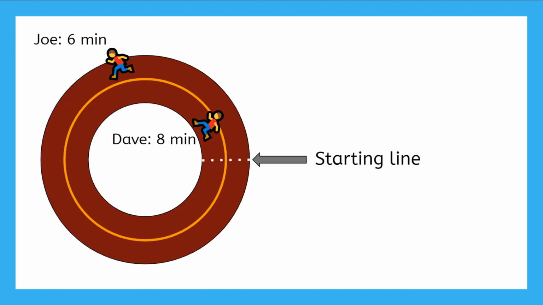Let's make our prime factorization tree for 6 and 8. So for 6, I break into 2 and 3. And for 8, I break into 2 and 4, and 4 breaks into 2 and 2.